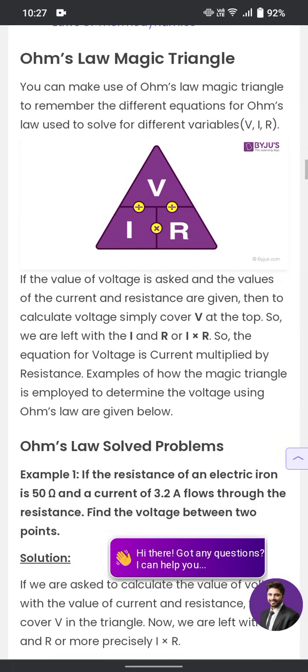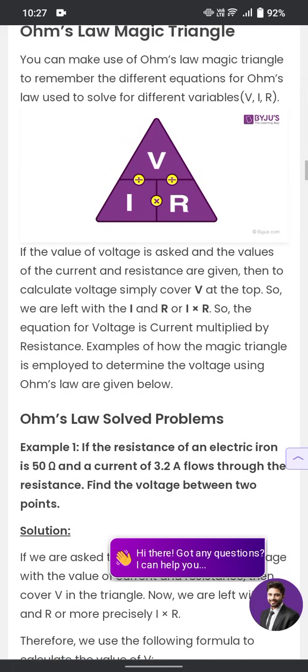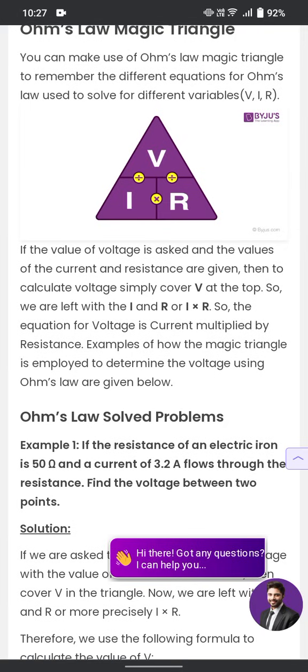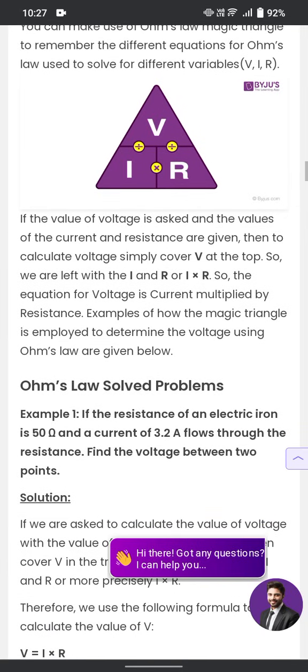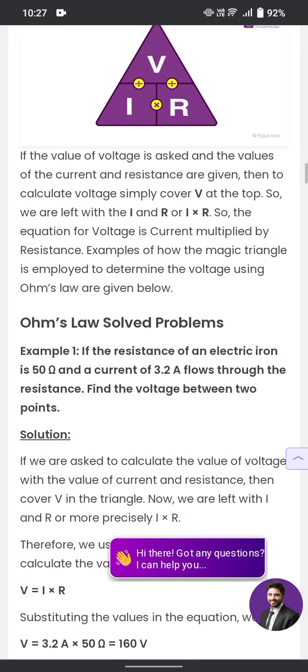Ohm's law magic triangles. You can make use of Ohm's law magic triangles to remember the different equations of Ohm's law used to solve for different variables.